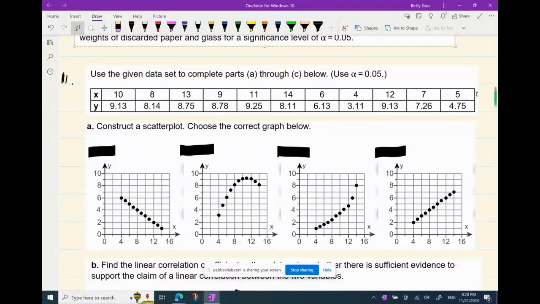I have 10, enter, 8, 13, 9, 11, 14, 6, 4, 12, 7, 5. And in the second list, I'm going to store the values of y. It's going to be decimals. I'll be quiet and focus on entering those values. Please do the same.